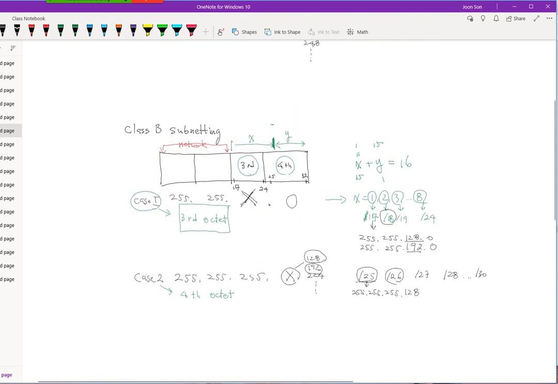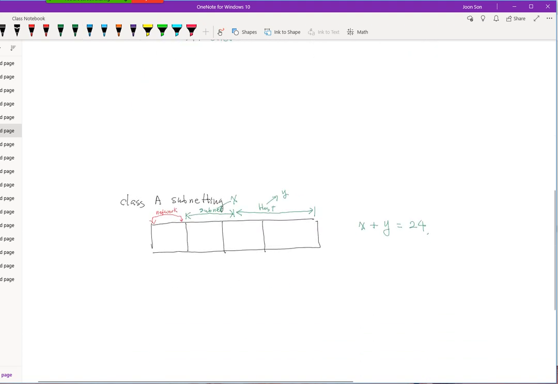If I add more annotation to this diagram, I can say this is case 1 and this is case 2. And for Class A, we have case 1, case 2, and case 3.